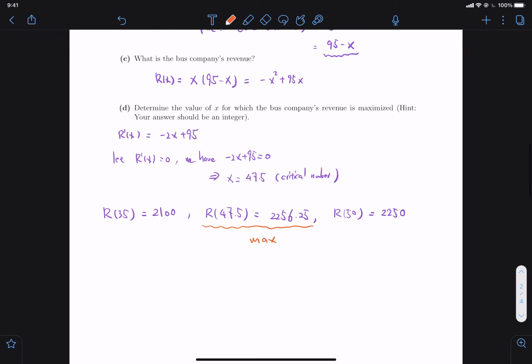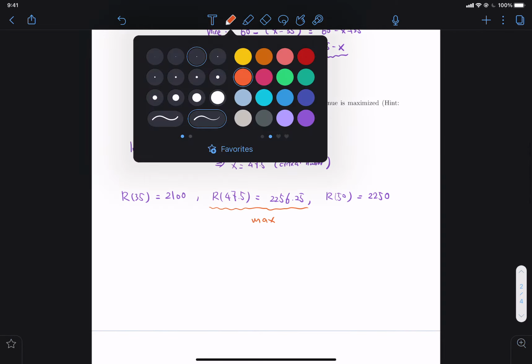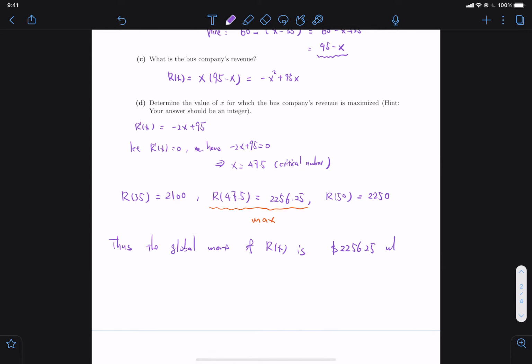The conclusion is that the global max of R of x is $2256.25 when x is equal to 47.5.